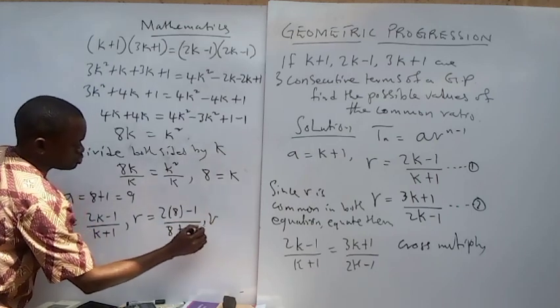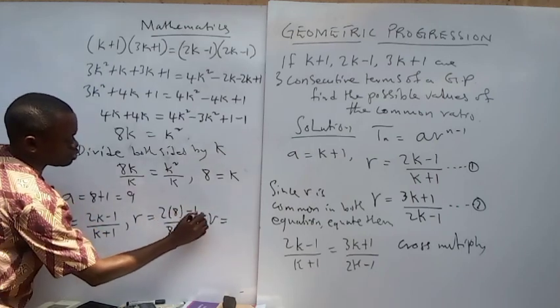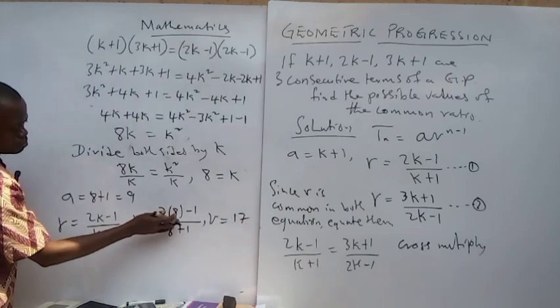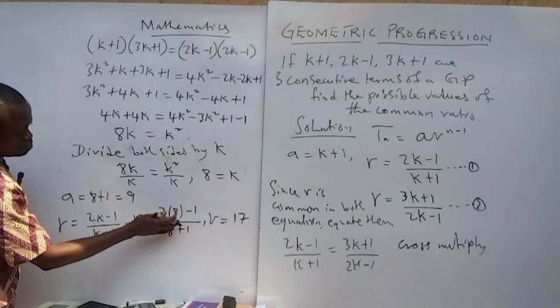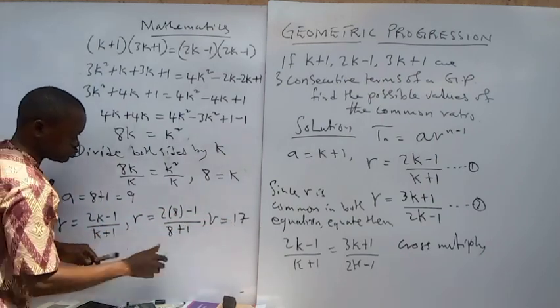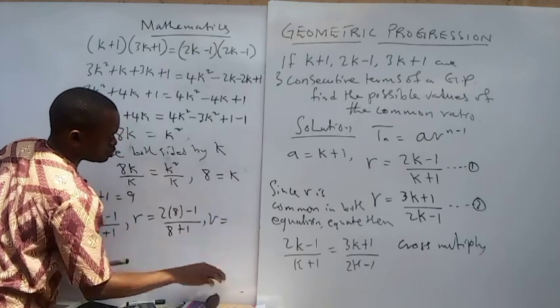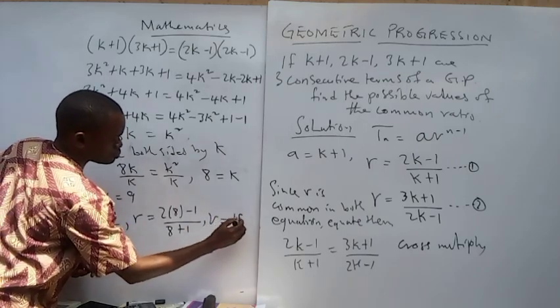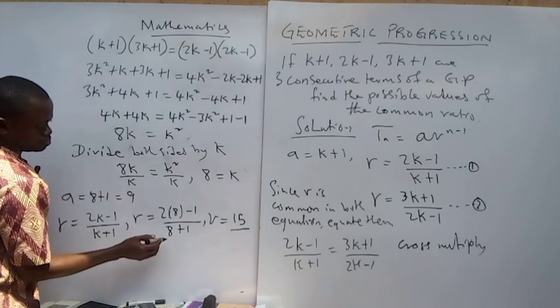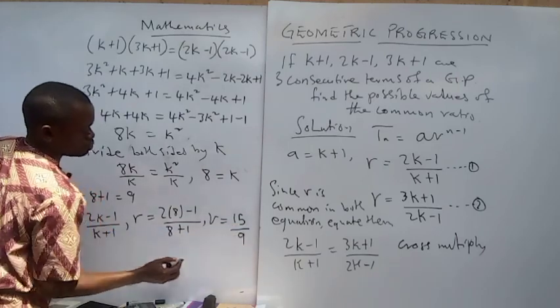So the common ratio is 16 minus 1. 16 minus 1 is 15, all over 9.